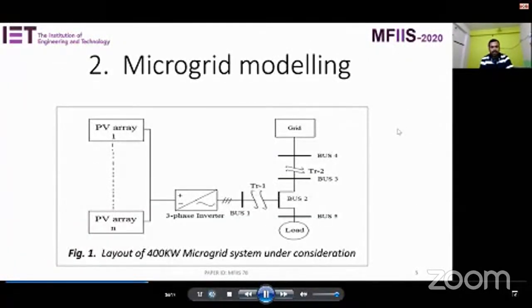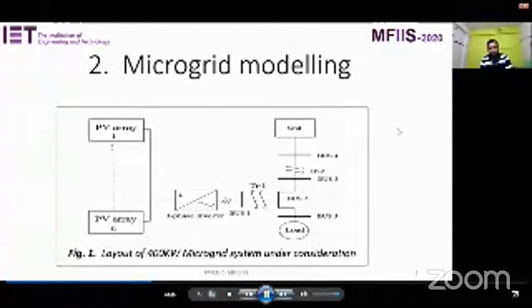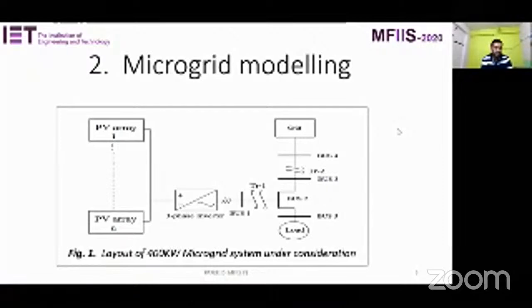This is the plan layout or model of the 400 kilowatt microgrid system, which has been considered for this paper. In the extreme left, by the different blocks, we are showing the PV arrays, which are connected here to generate the electrical energy.